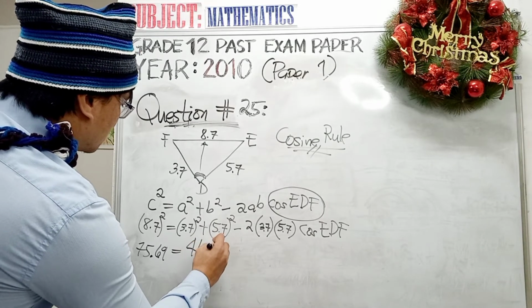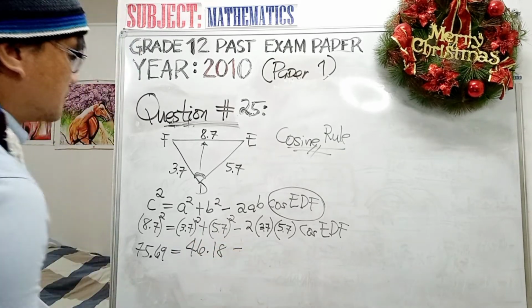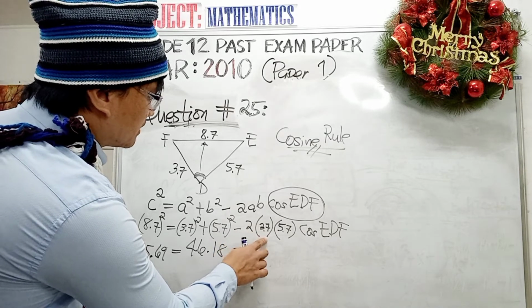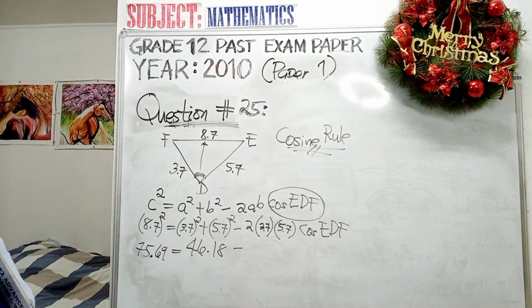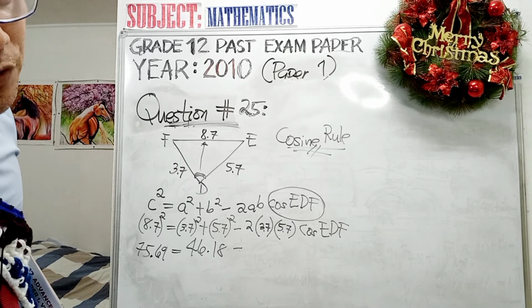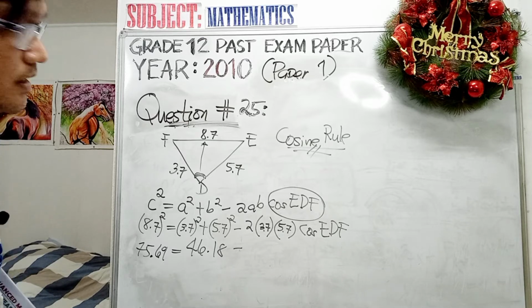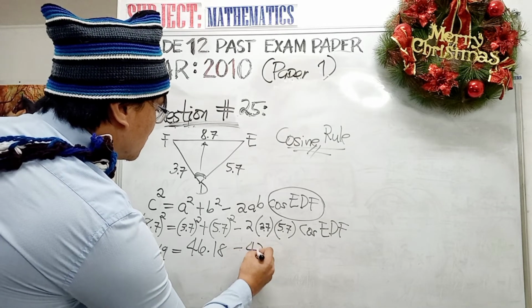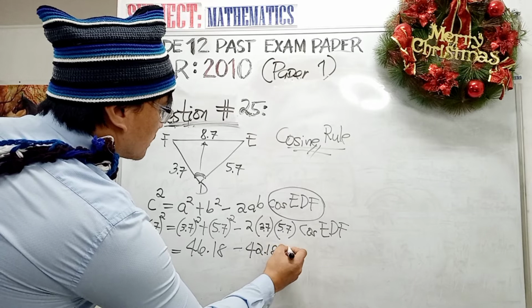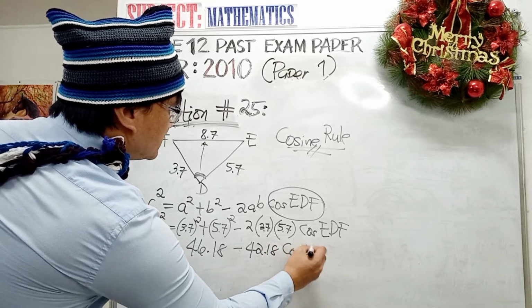That is 46.18 minus the product of 2 times 3.7 times 5.7, which is 42.18, cosine EDF.